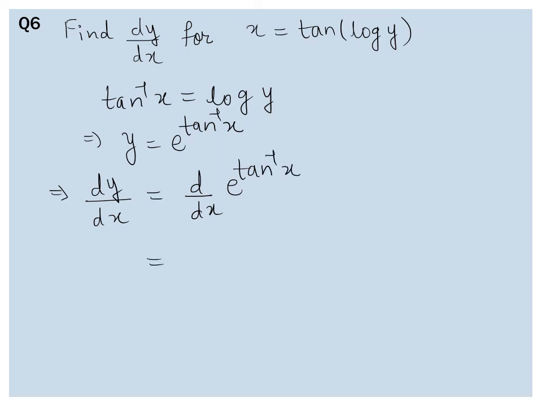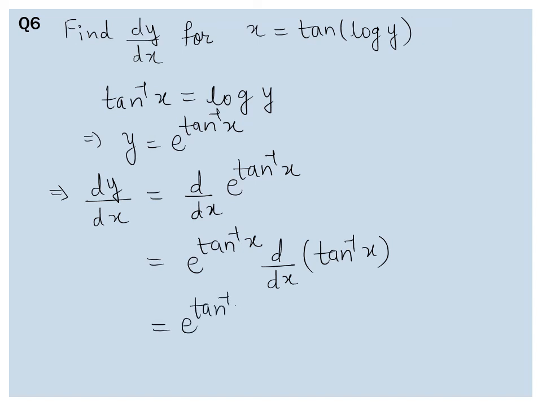The derivative of e to the power x is e to the power x, but it is not x, it is tan inverse x, so it is a function of a function. So the derivative of tan inverse x is 1 upon 1 plus x square. So this is the required result of dy by dx, that is e to the power tan inverse x upon 1 plus x square.